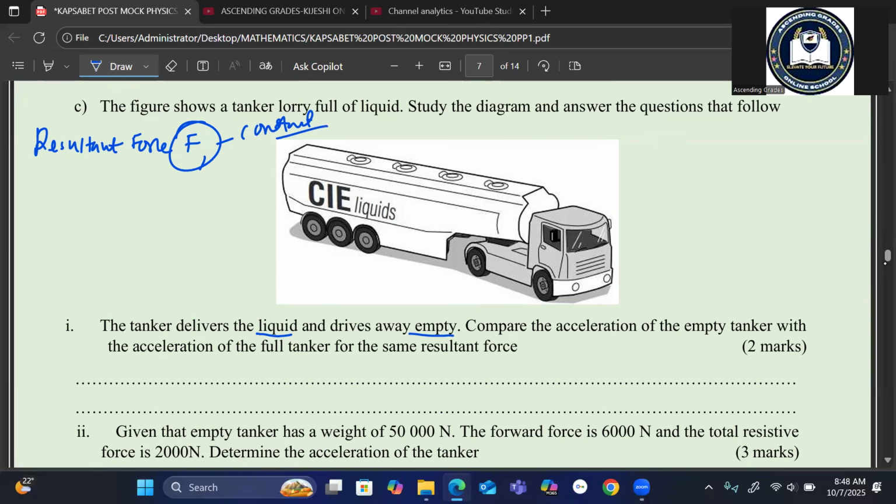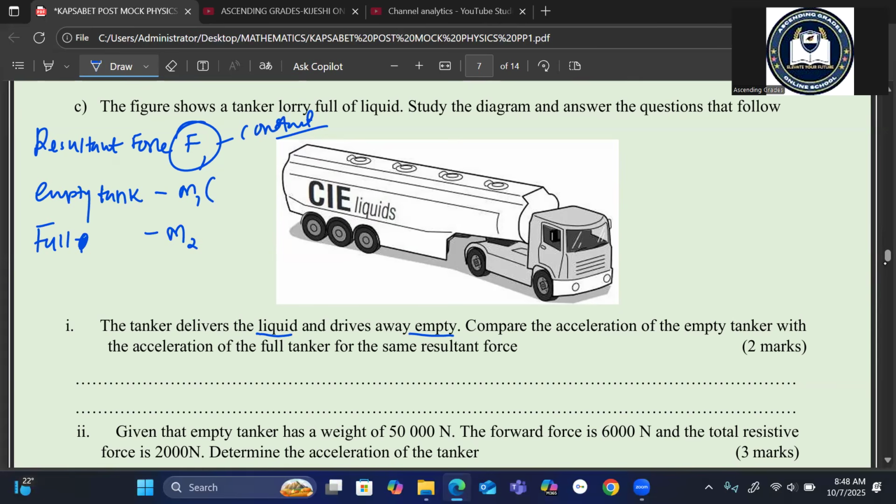Therefore, we can say our empty tank, we award it a mass of M1, and when it is full, in short, it is with liquid, you can award it a mass M2.